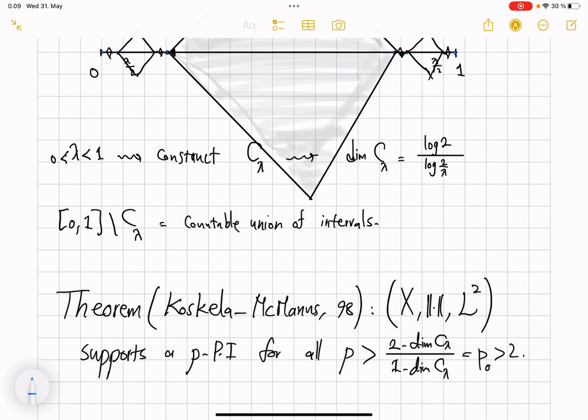However, if dimension of C lambda is close to 1, then this is actually blowing up to infinity because the denominator almost becomes 0, so that you will have worse and worse Poincare inequality if the dimension is large.